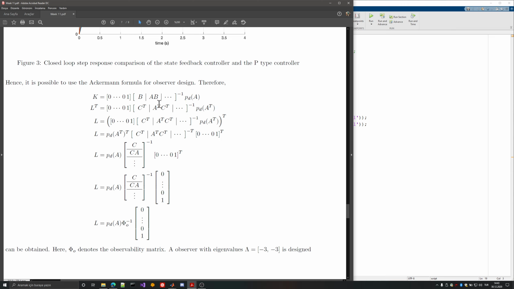Here you need C and A, and you will use the observability matrix here, and then you will also use this PDA, which is, by the way, the closed loop for the error dynamics of this observer. And you need to assign this also for the poles of the observer.